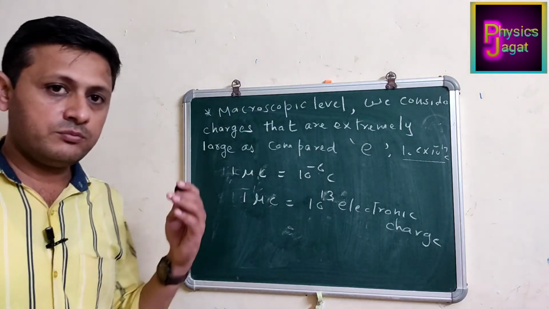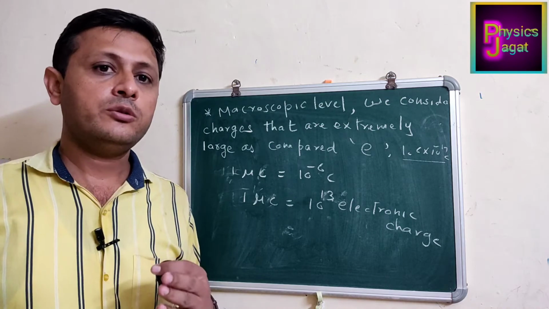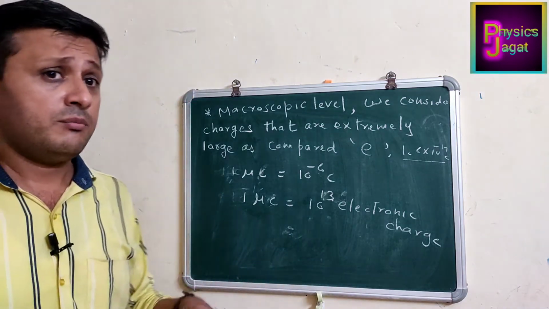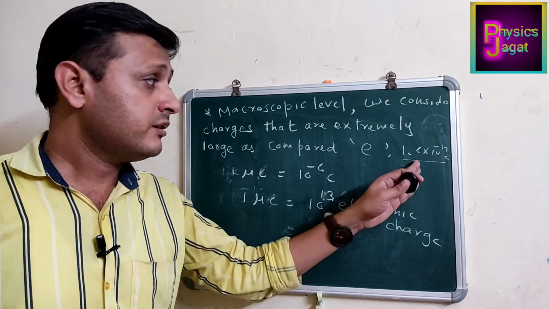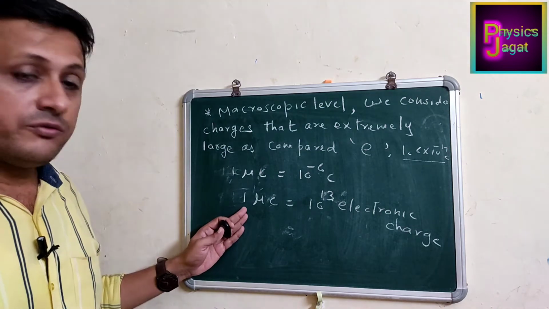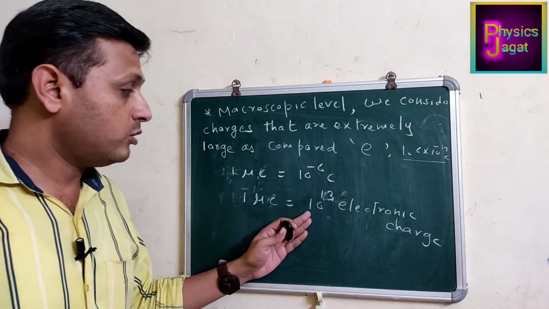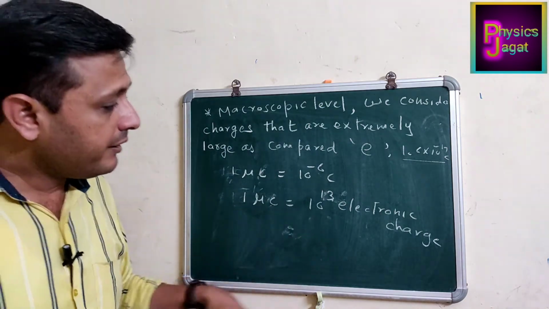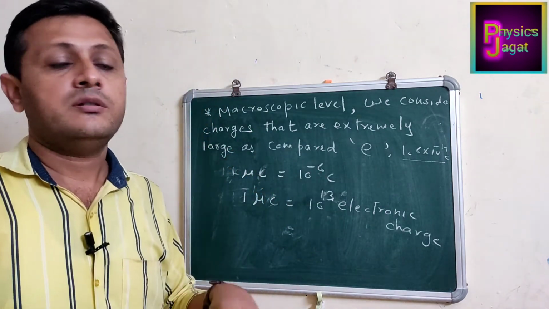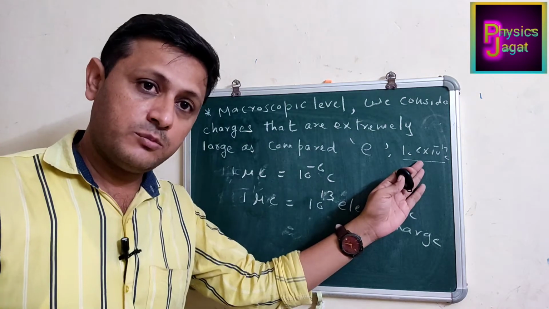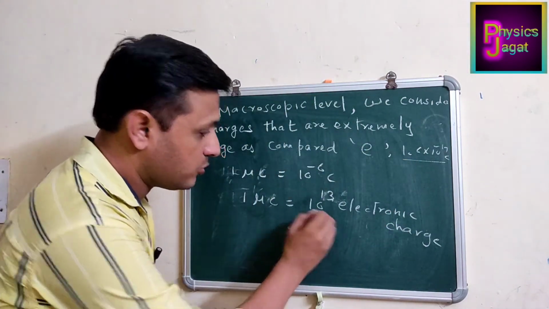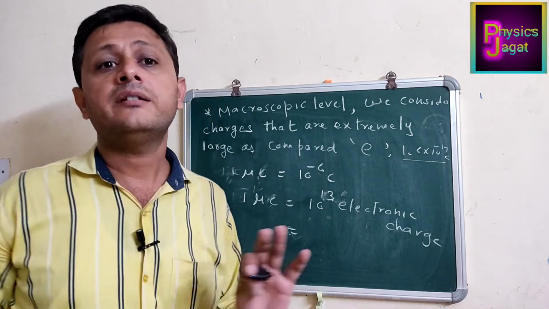As I told you earlier, the charge on the body is increased or decreased in step size of E, which is very small. Now consider macroscopically, where we take microcoulomb, which is that much charge. If I increase or decrease by 1 unit in this much charge, it doesn't make any difference.